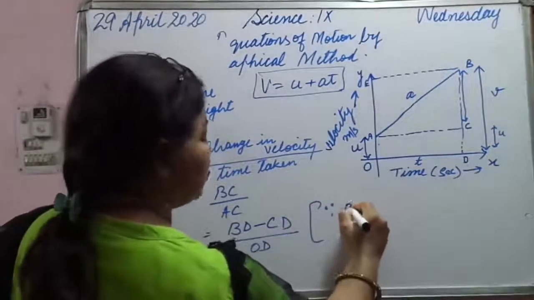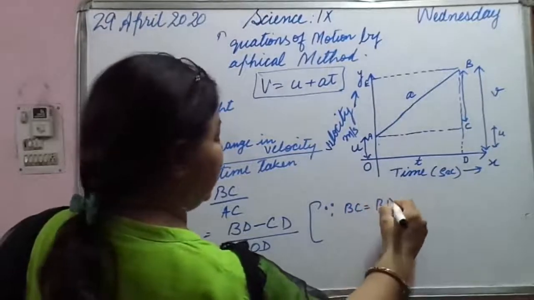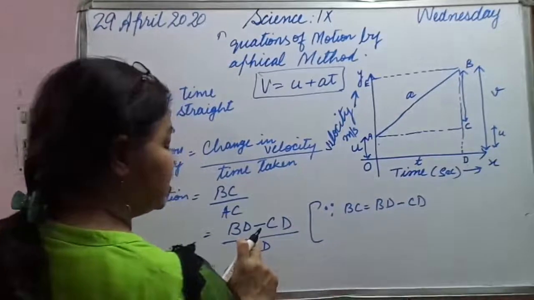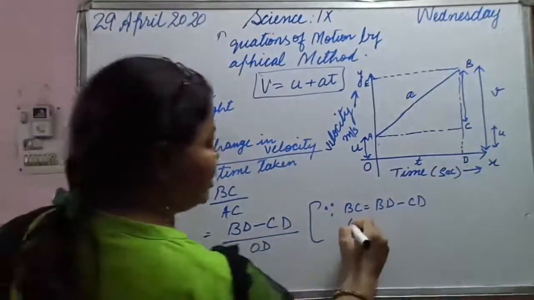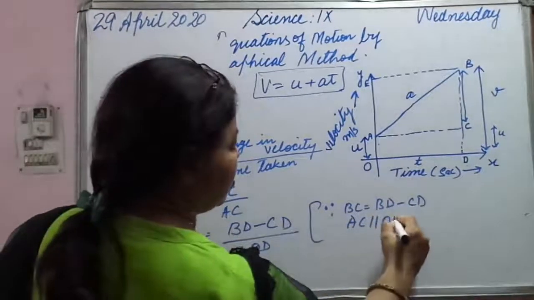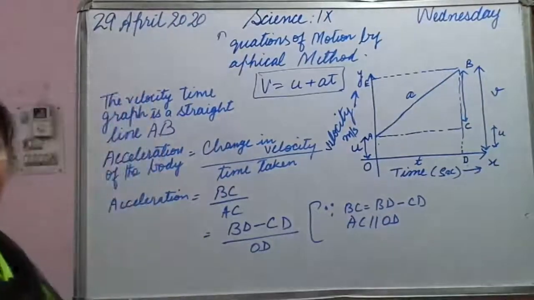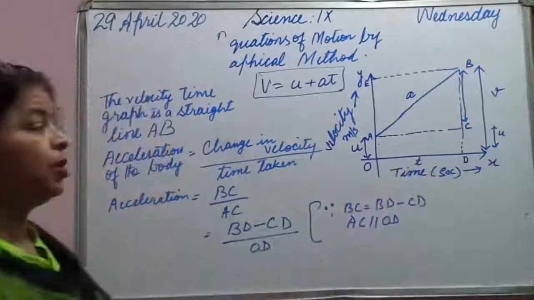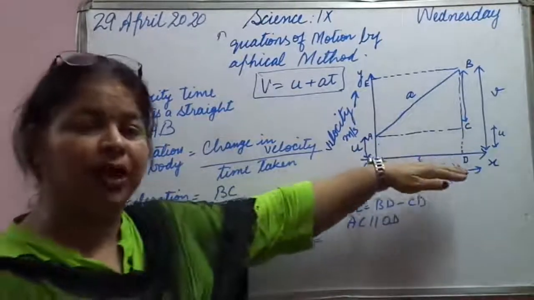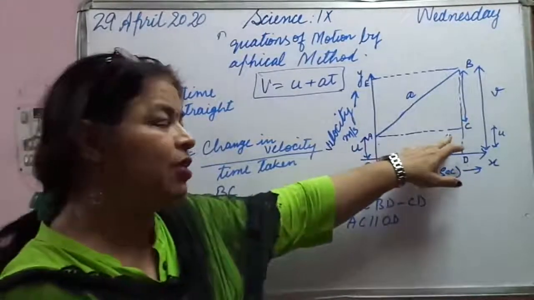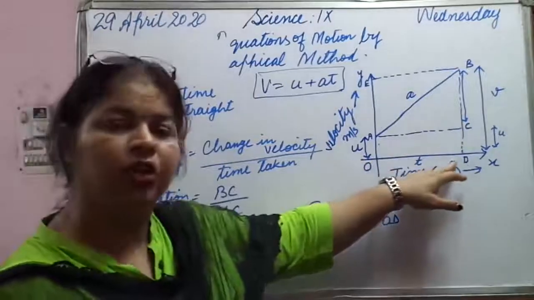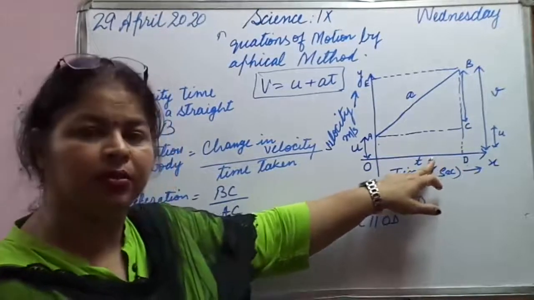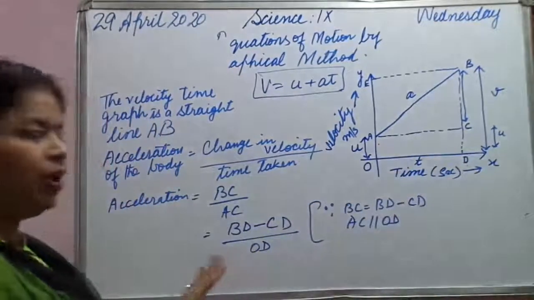Since BC is equal to BD minus CD, and AC is parallel to OD. We know that in a rectangle, the opposite sides are equal and parallel to each other. So whatever is the value of AC will be the value of OD also. AC does not have any value, but OD has value T. Okay, so we have done this.